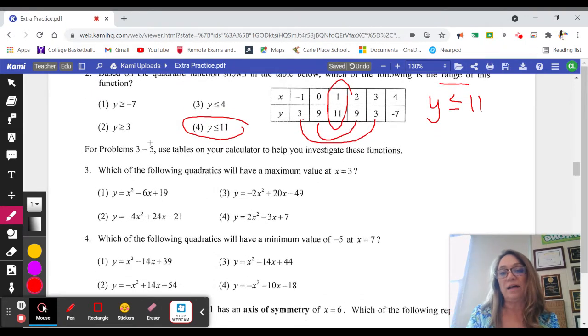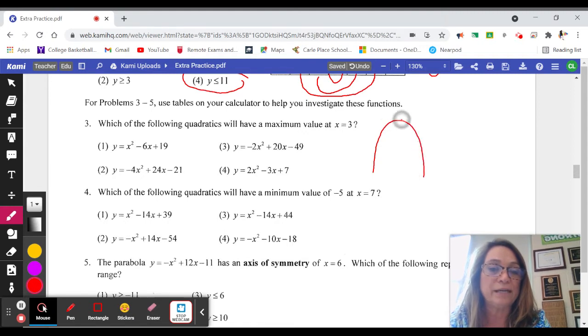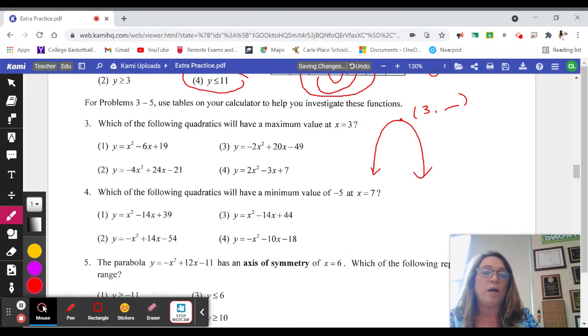So this says for problems 3 to 5, use tables on your calculator to help you investigate. So you're going to use your calculator. Now maximum means that x equals 3 is at the top, so 3 comma something. I could always add the arrows, why not? All right, so I'm looking at all of these, and I'm going to eliminate 1 and 4 because those would have a minimum.